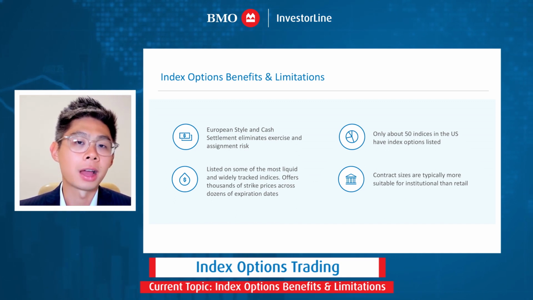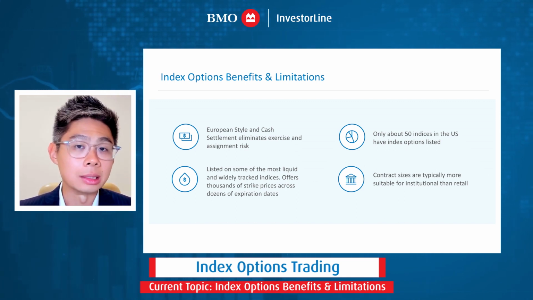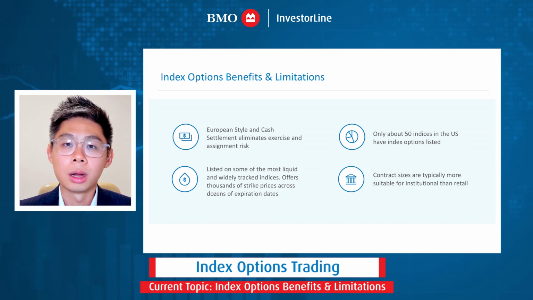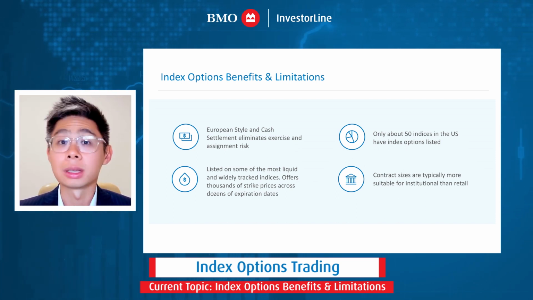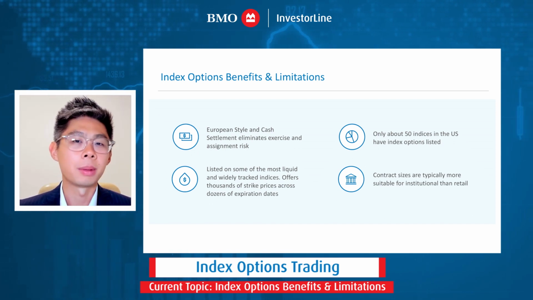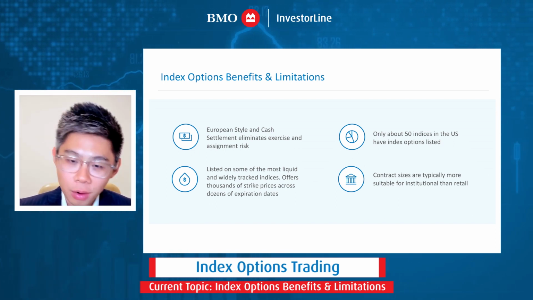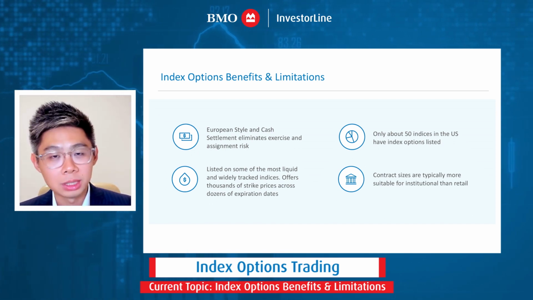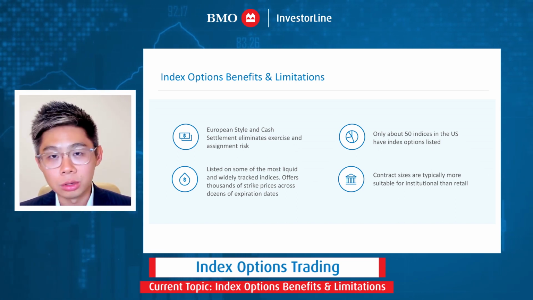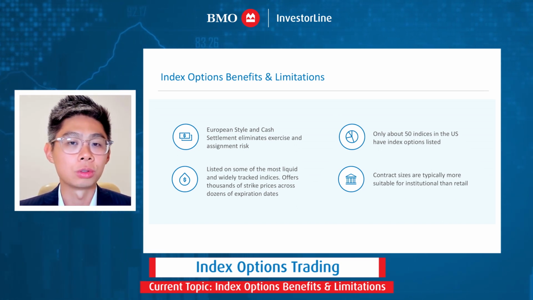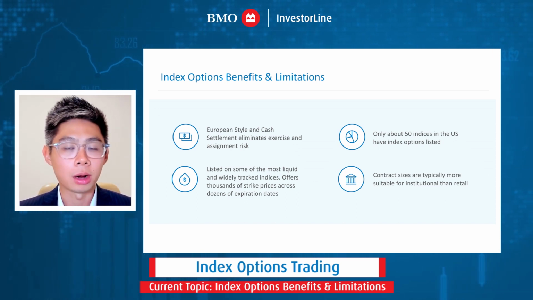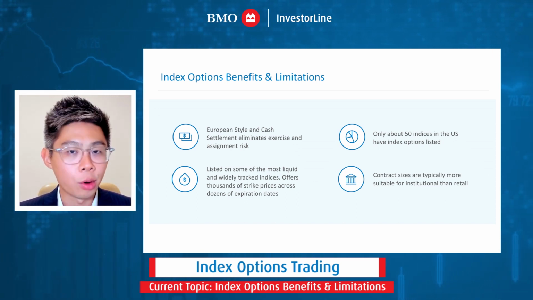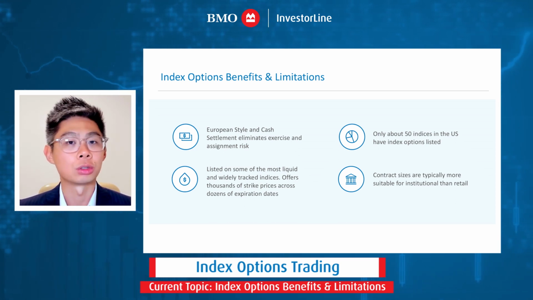And because of how widely tracked these indices are, they also offer a very, very large number of expiration dates and strike prices. So if you think about how far out you'd like to trade, what percentage out of the money, or what delta you specifically like to use for strike prices, from my perspective, there are no other products that provide such a wide range of expiration dates and strike prices.